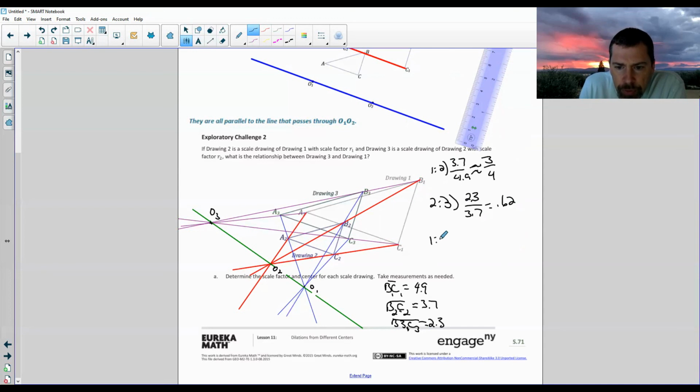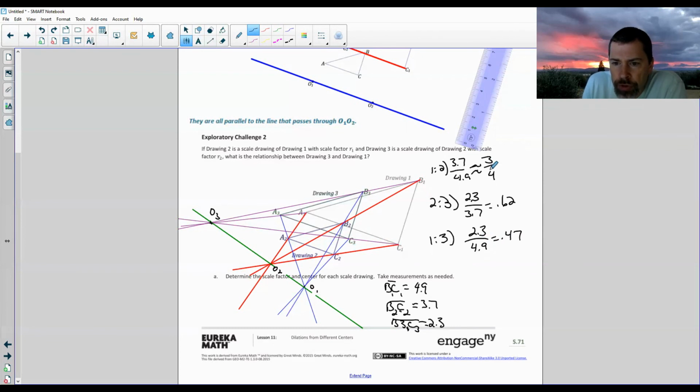So if I compare drawing 1 to drawing 3, it would be drawing 3 length over drawing 1's length. Okay. 2.3 divided by 4.9 equals 0.47.